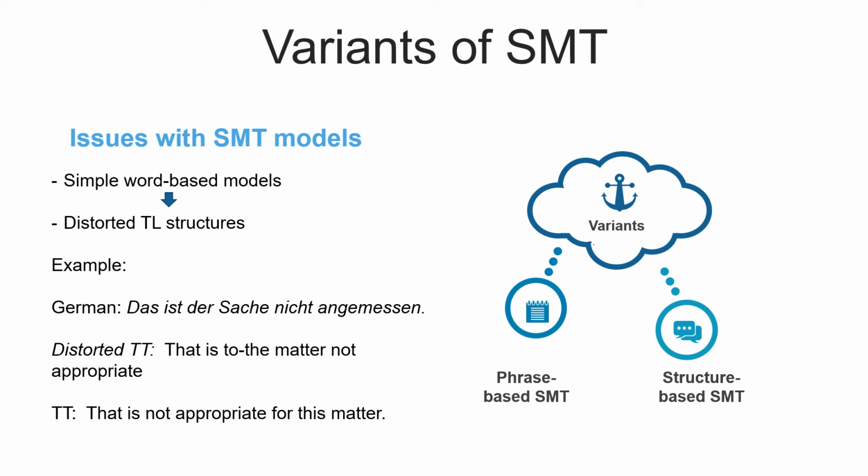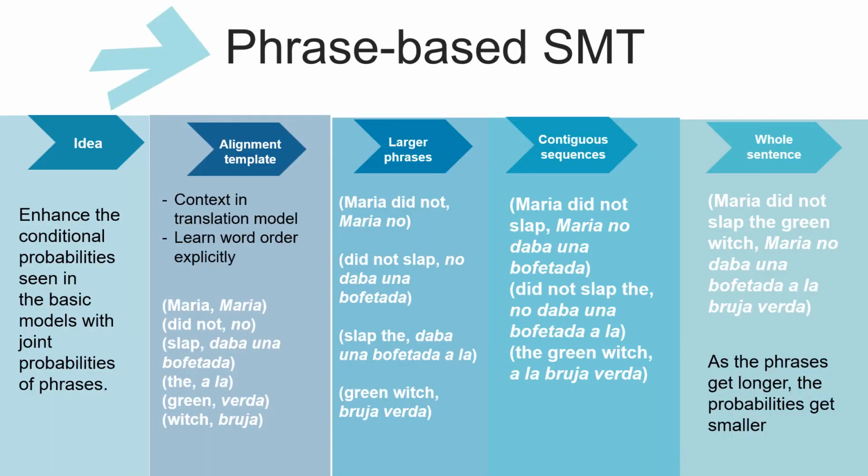So this led to new applications in SMT. To address these problems, variations of the SMT model have emerged which try to work with phrases rather than words, and with structure rather than strings. So first, phrase-based statistical machine translation.